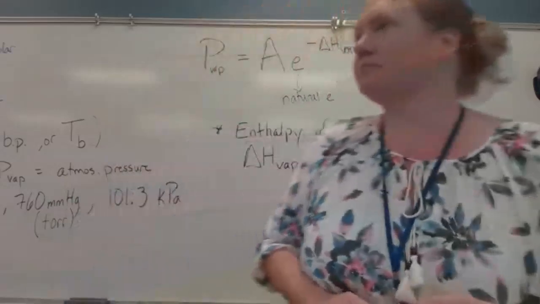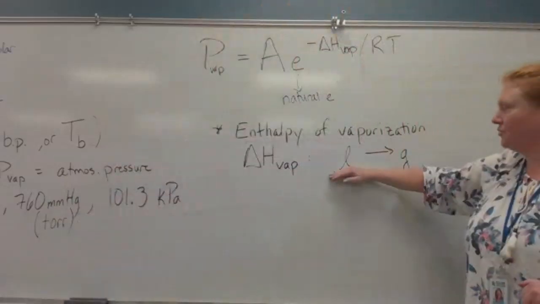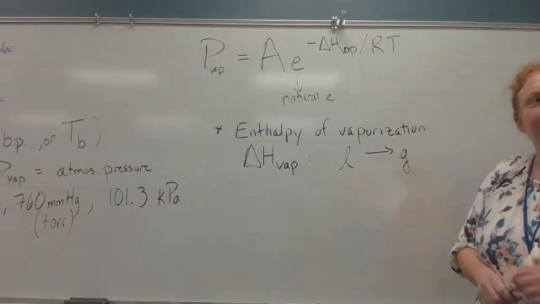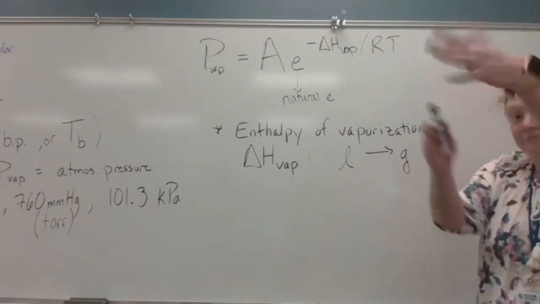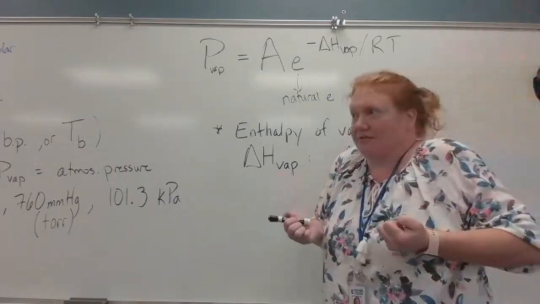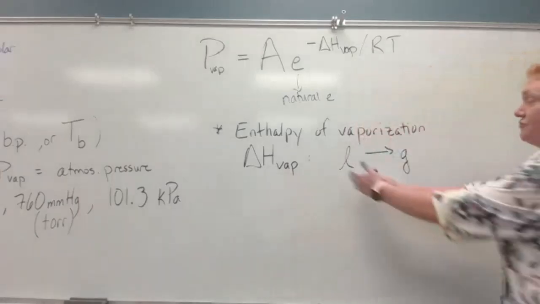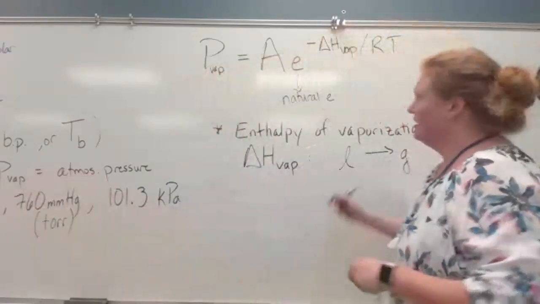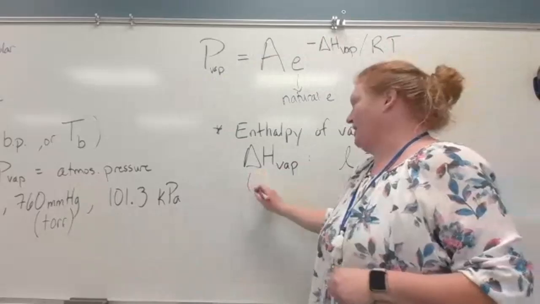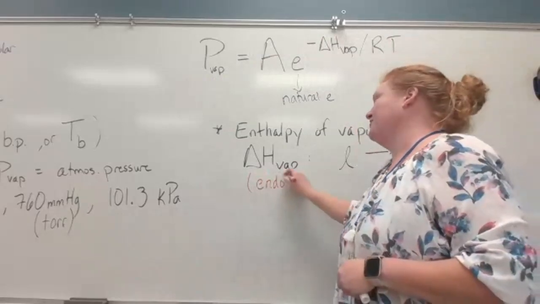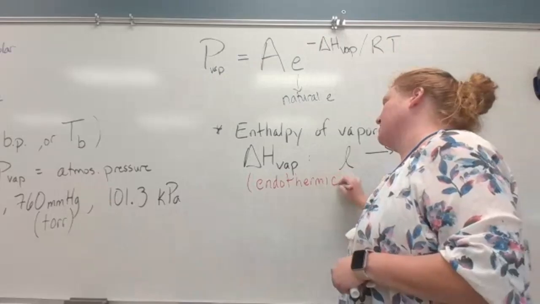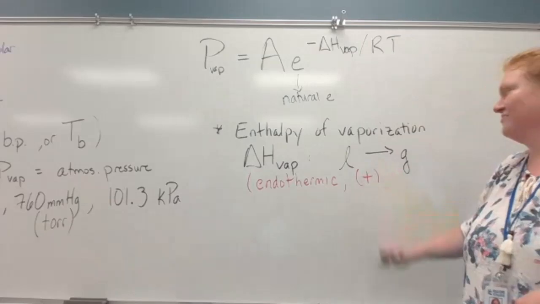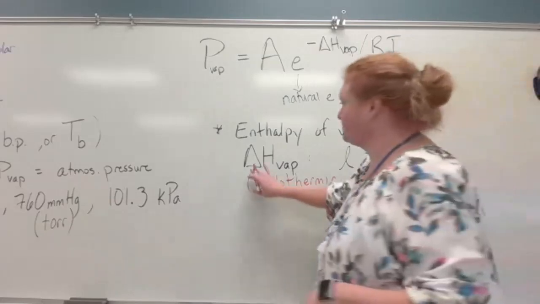Endothermic or exothermic? To go from liquid phase to gas phase, it has to absorb energy. That's how its kinetic energy changes from liquid to gas levels. When it absorbs energy, that means enthalpy of vaporization should be endothermic. And if it's endothermic, we learned back in Gen Chem 1 that this number should be a positive number.